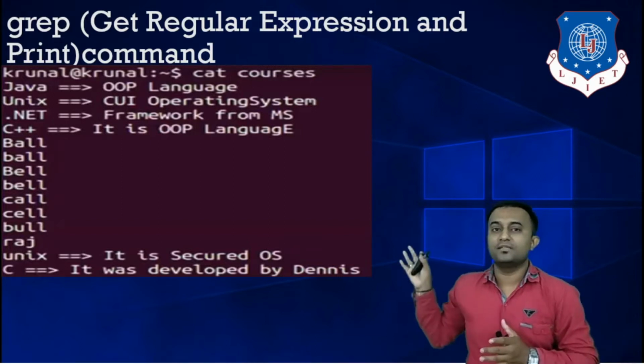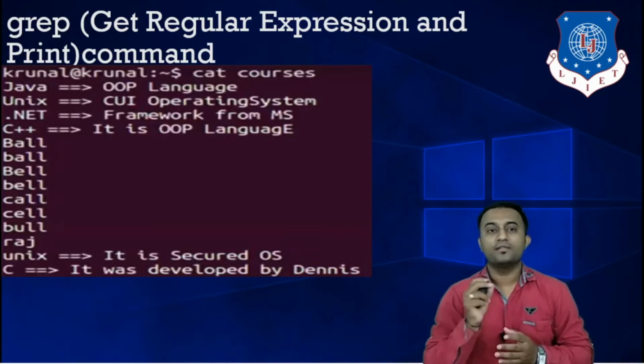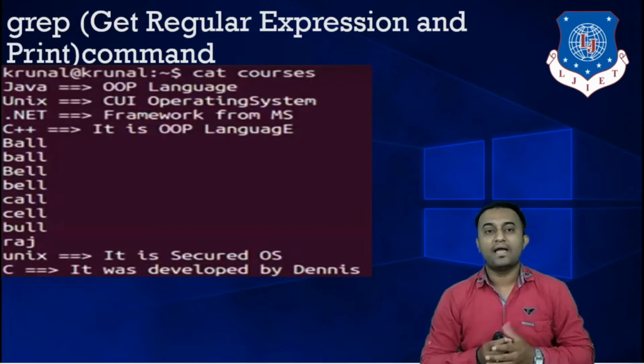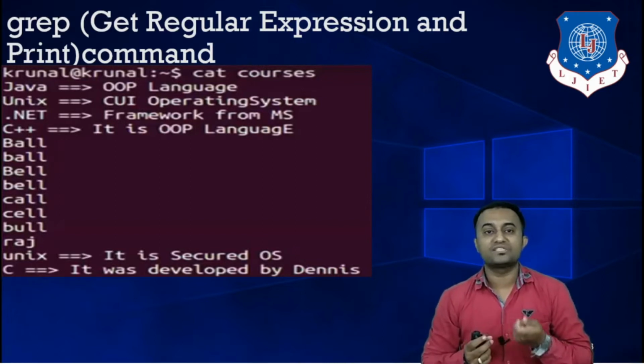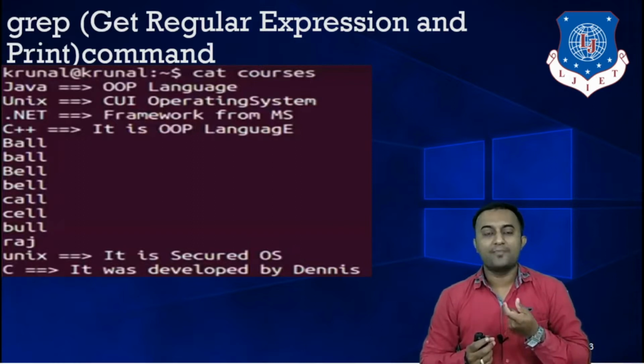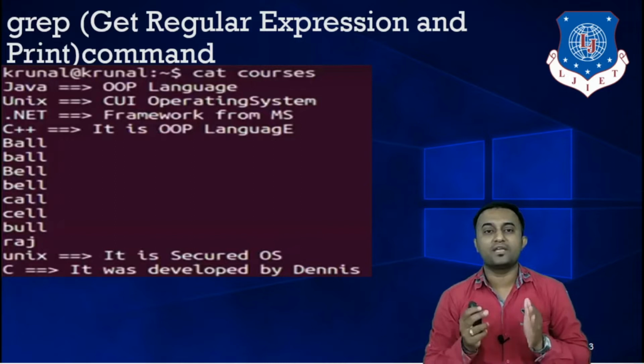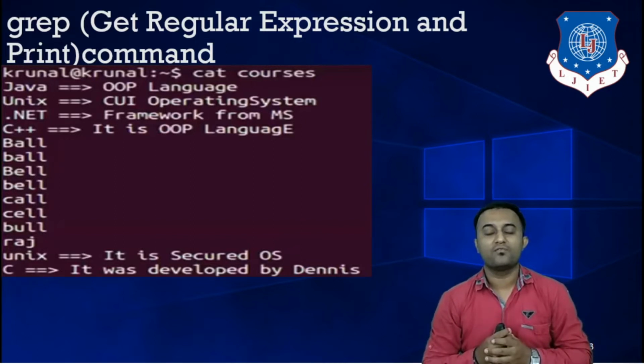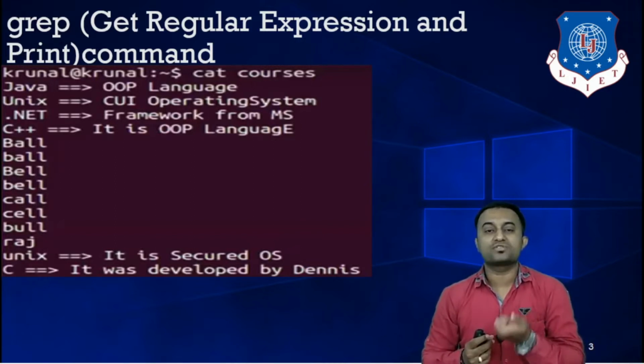You can see in the first snapshot, in the first line, I have fired one command, cat space courses. Cat is a command through which we can do the three things I told you. In this case, with the help of this cat command, I am going to extract the content of an existing file.